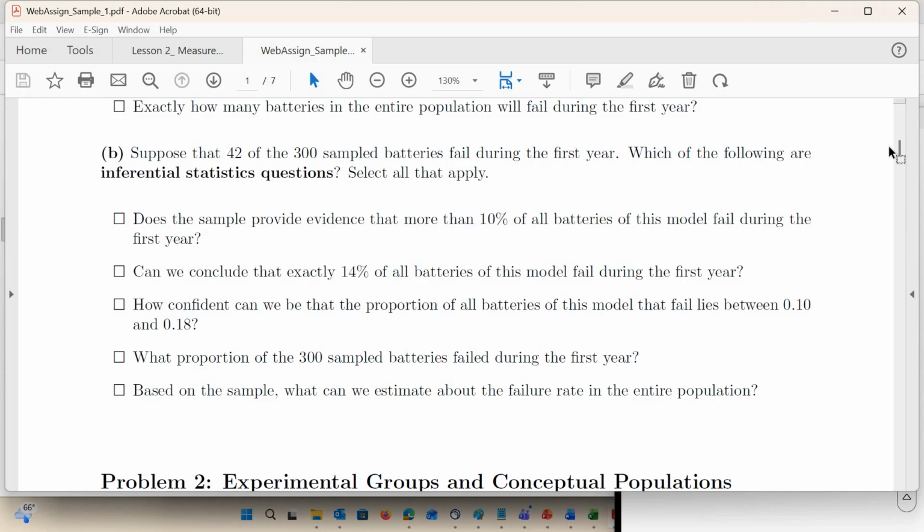And what proportion of the 300 sample batteries failed during the first year? We already know that is not going to be an inference question. That's just a calculation, because they gave it to us, right? 42 divided by 300. So that's not an inference question. We're not getting something out of the total population. That's not even a question asked.